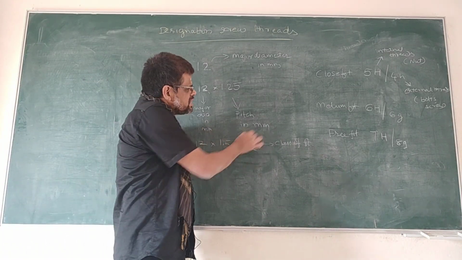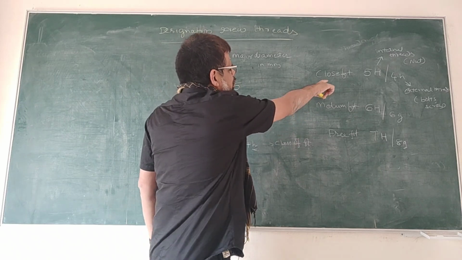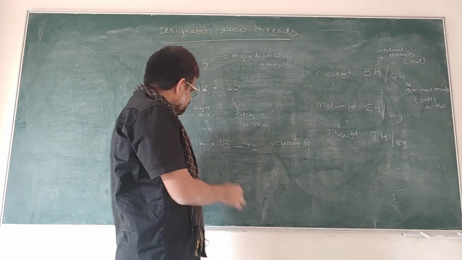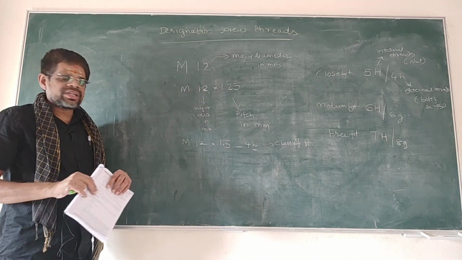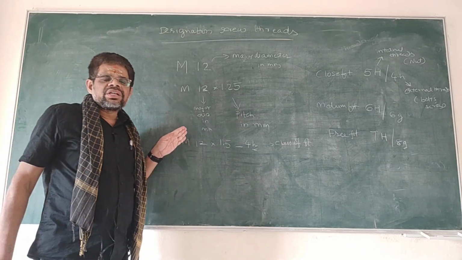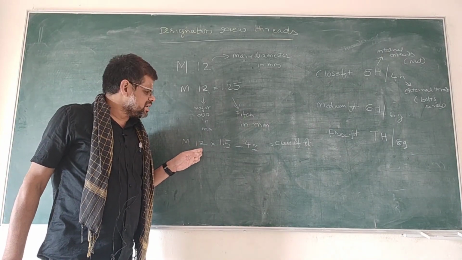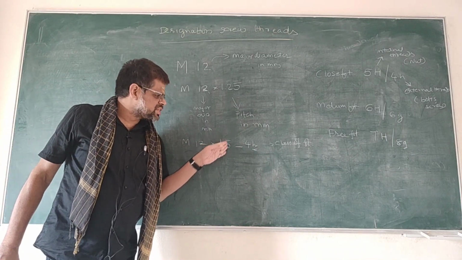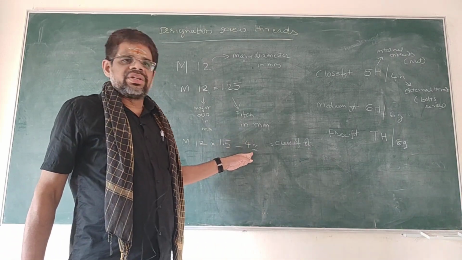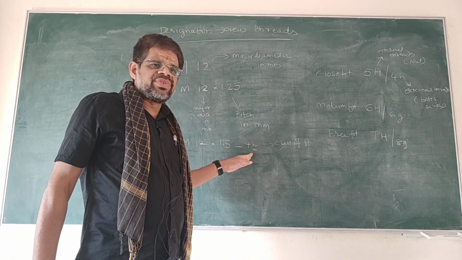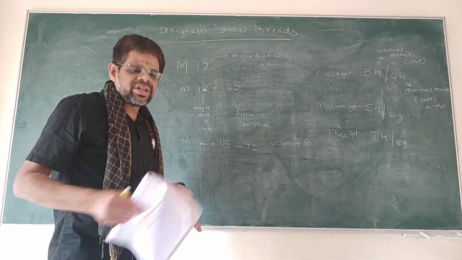Now, which type of fit is this? 4H, close fit. Now, you will specify this as a bolt of 12 mm diameter with 1.5 mm pitch and the close fit. It is made for close fit. Okay, this is one notation.